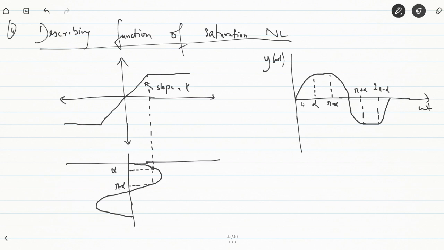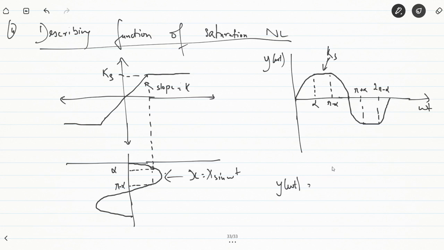Fine. And if this is equal to k, say for example this is equal to ks rather, and this is our x, small x equal to x sine omega t. Accordingly, our output response will be limited by the saturation block whose maximum amplitude is ks. So y of omega t will be equal to kx sine omega t for omega t from 0 to alpha.